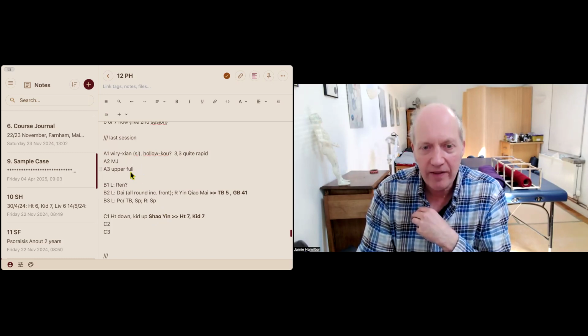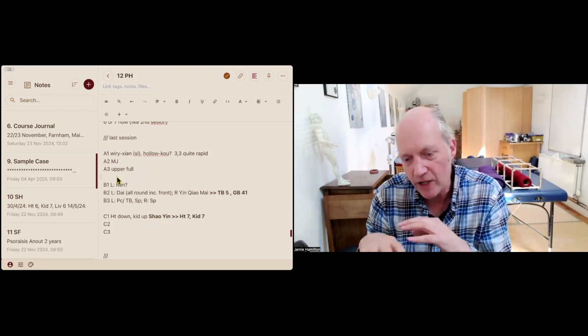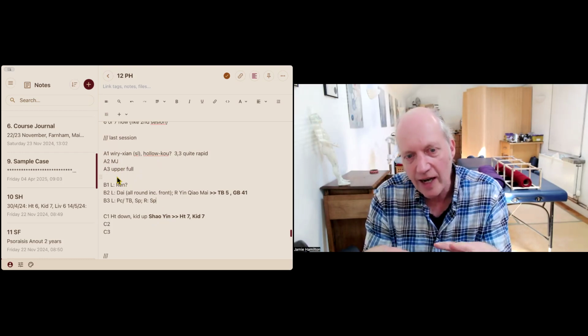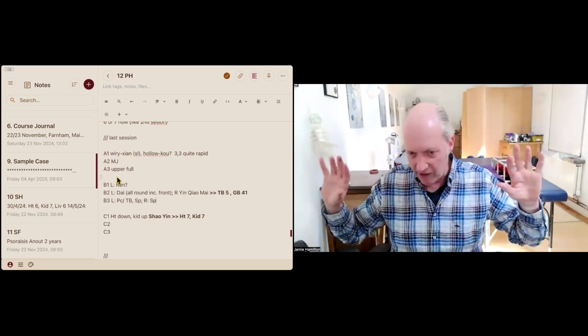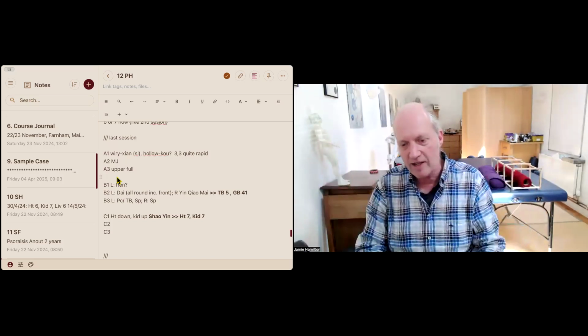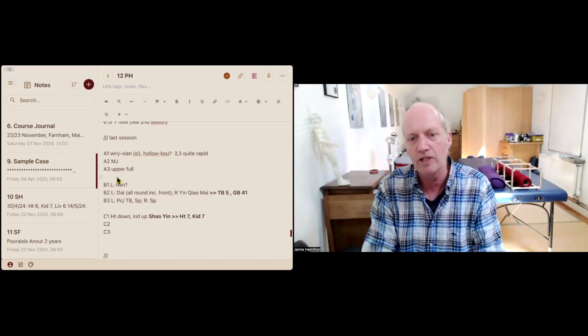So when I write this down, let's say I'm on step A, and I just did is wiry, is hollow, quite rapid, middle jowl, upper jowl is full. That's just like impressions from the first step. So I try not to interpret it. I try to let it all be there in a kind of fluffy way, just feel it and write it down and think about it a bit, but don't think about it too much.